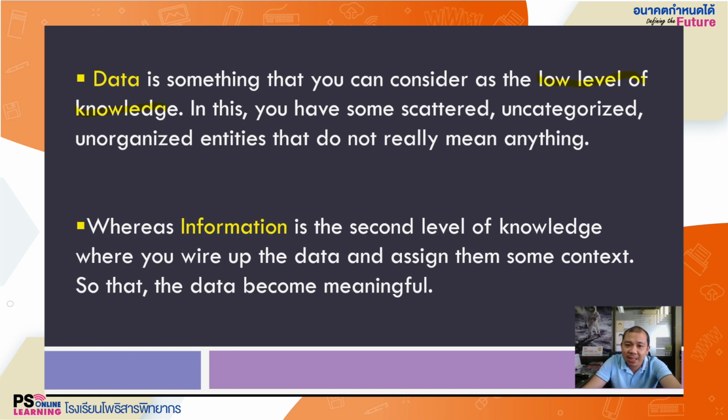In this, you have some scattered, uncategorized, unorganized entities that do not really mean anything. Data really doesn't mean anything. Whereas information is the second level of knowledge where you can wire up the data and assign it some context or some meaning, so that the data becomes meaningful.